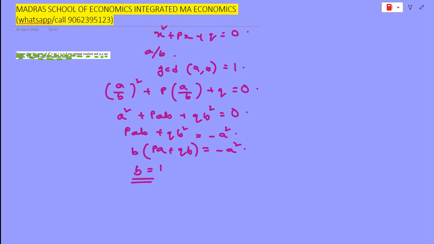Okay, so if b equal to 1, then our fraction a by b will be what? Just a by 1, that is a, which is an integer. Okay, so we just proved that in a monic polynomial with integer coefficients, rational roots are just integers in a fancy hat. They can't be half numbers like 2.5 or 3.7.